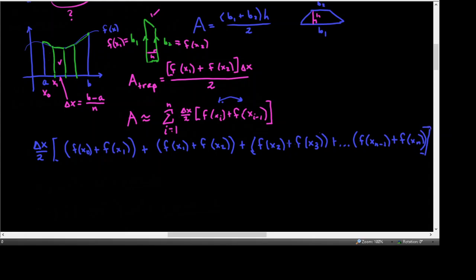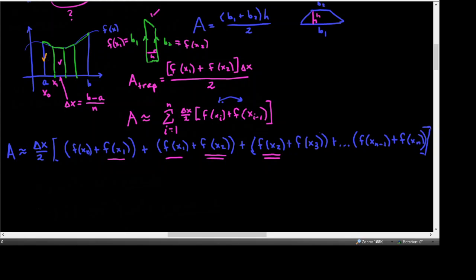Okay. Now, you might notice that the f of x sub 1, for example, appears twice, as does f of x sub 2. It appears twice. And that makes sense because if you're looking at the first and second trapezoid, the left side f of x sub 0 is used once.